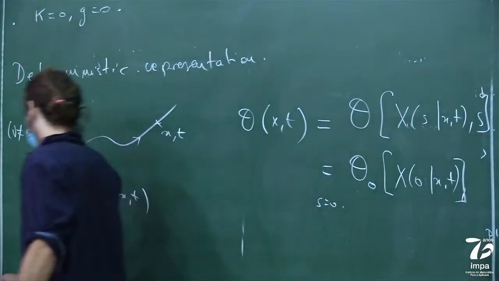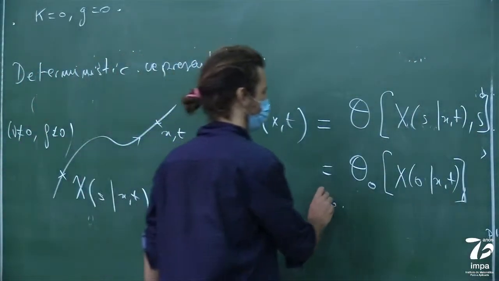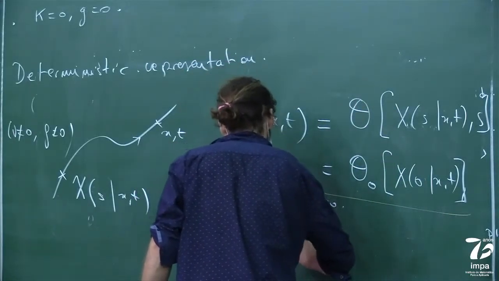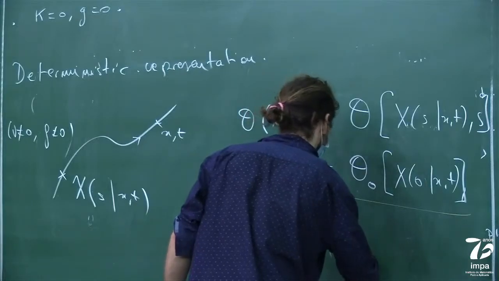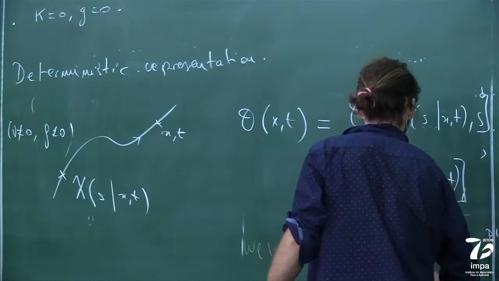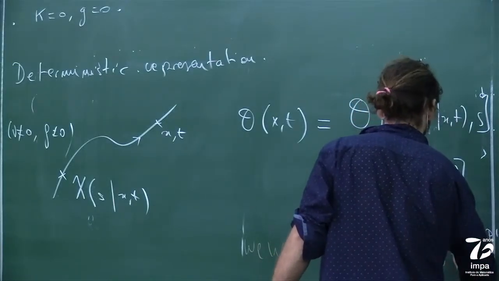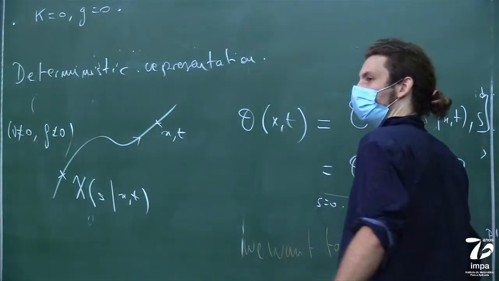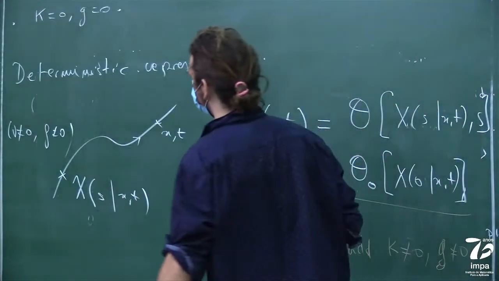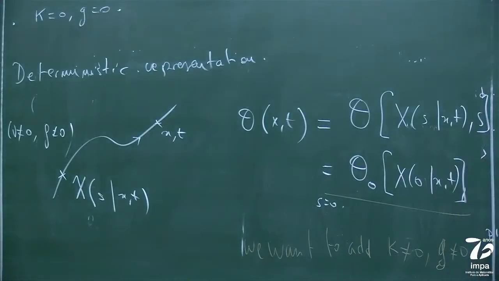And so what we want to do is add kappa not equal to 0 and g different from 0. What becomes of this formula when we have the diffusivity which is not equal to 0?